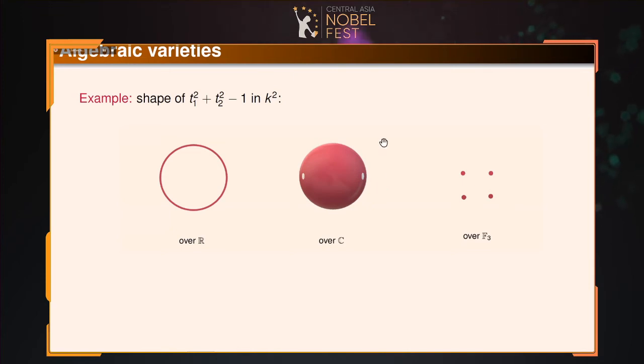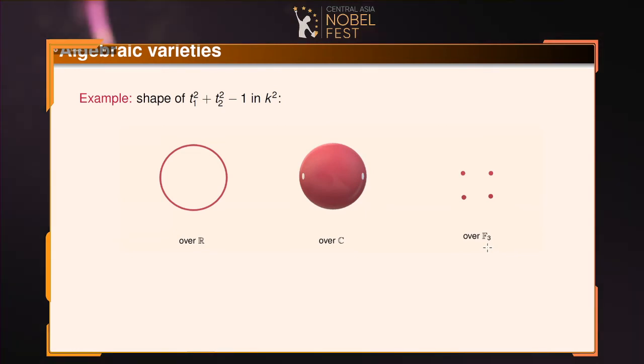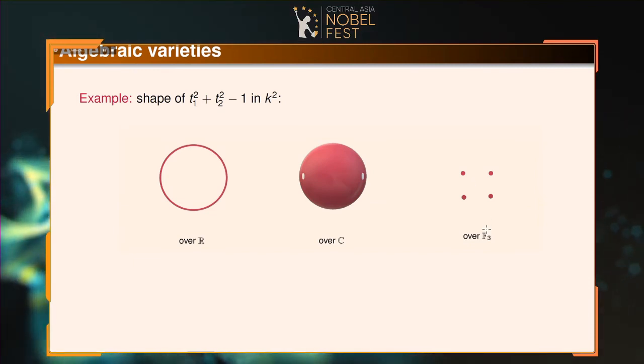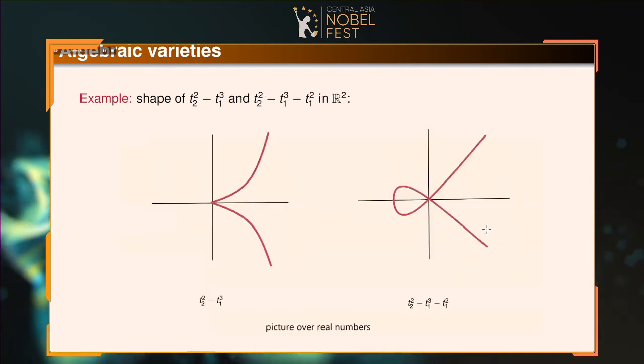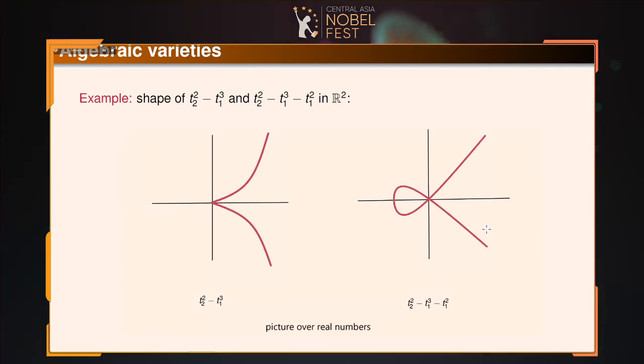But on the other hand, if we work over the finite field with 3 elements, in other words, just the integers mod prime number 3, then the shape of the space that you get from this equation is just 4 single points, 4 separate points. So the geometry, the way it looks, actually depends on the kind of field that we are working on.